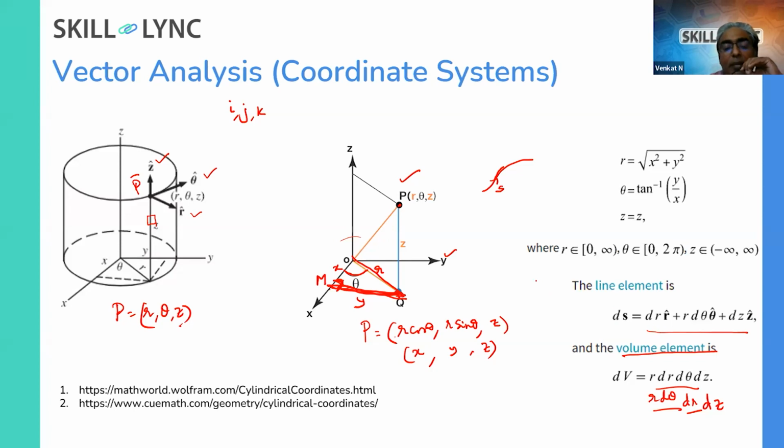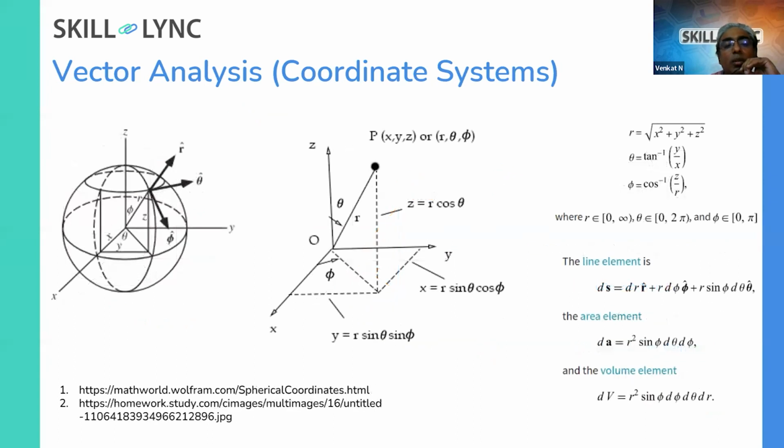Similarly, next we'll go to, I think most of you can guess it, the spherical coordinate system. This is a little bit harder, but not very difficult. Here you can imagine something like the globe, like we have the earth. Earth is a sphere. The center of the earth is like the origin, and we are all on the surface of the earth, right?